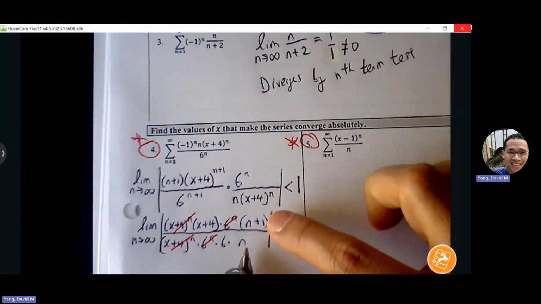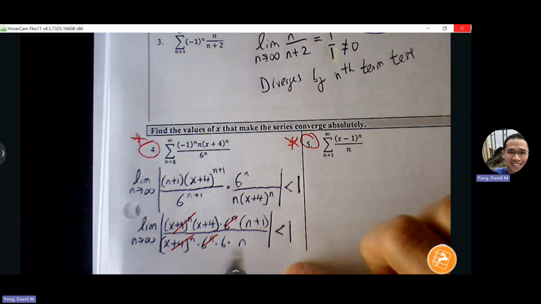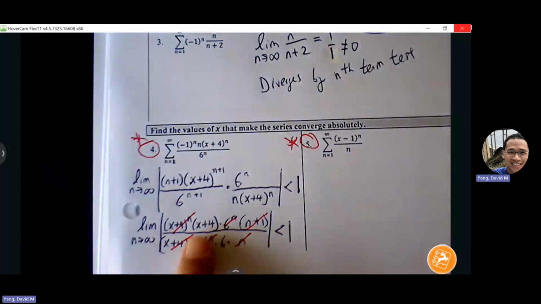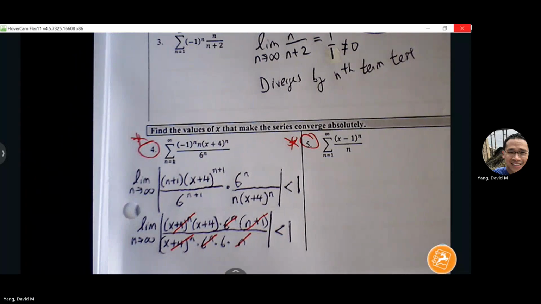The n and n plus 1, what's going to happen here? It just becomes 1, right? So I can reduce that as well. So I'm just left with absolute value of x plus 4 over 6 is less than 1.